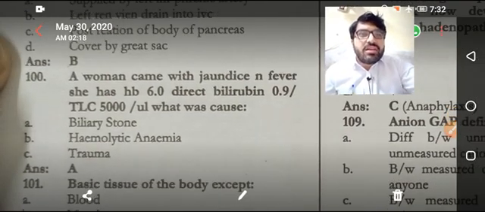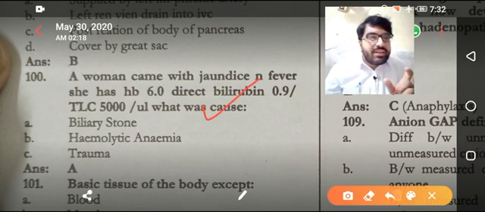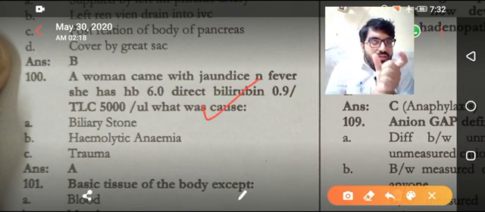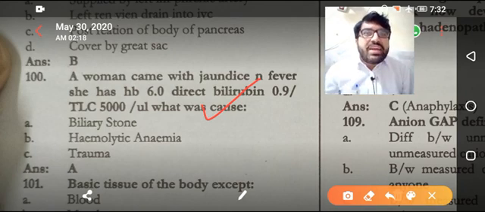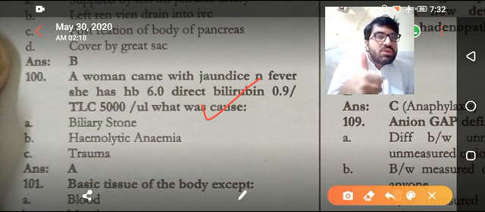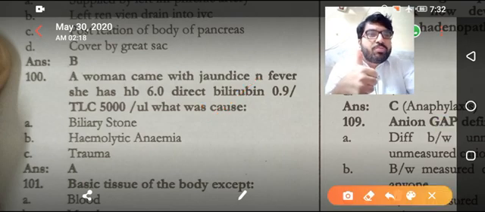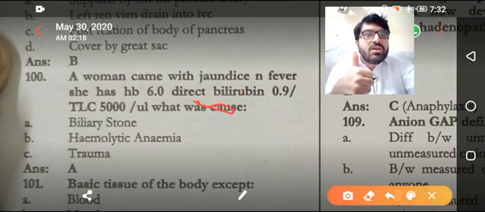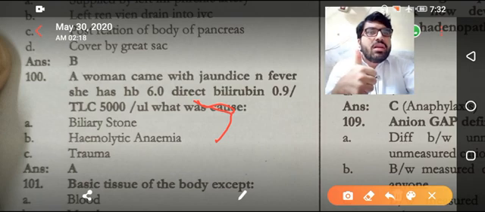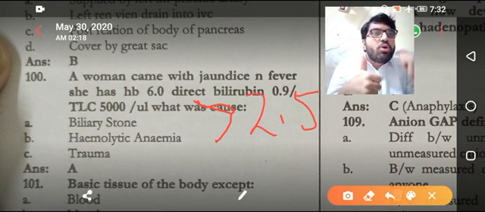Right goes directly. Now focus on this MCQ, they want to check your concept regarding this. A woman came with jaundice. Now whenever a patient is having jaundice, how much bilirubin do you expect? That is more than 2.5, while some books say more than 3.